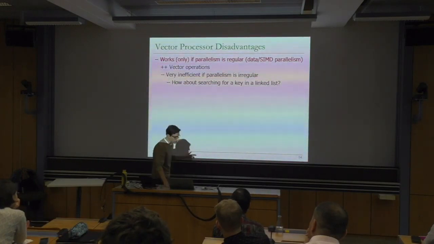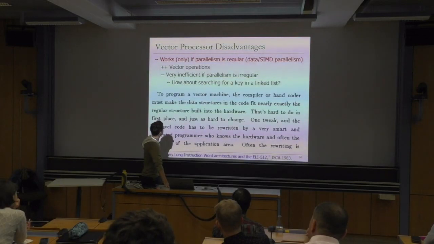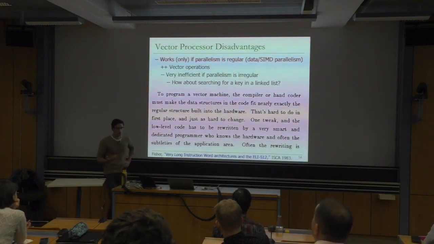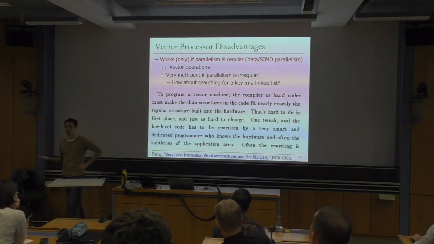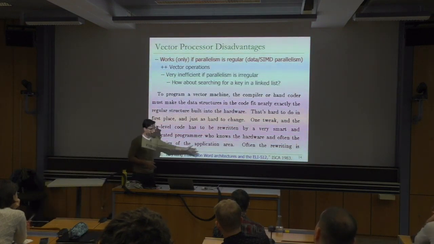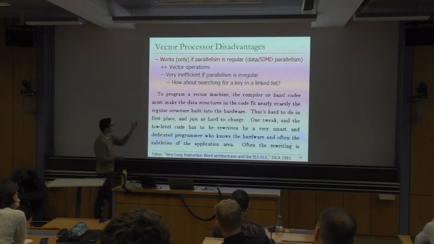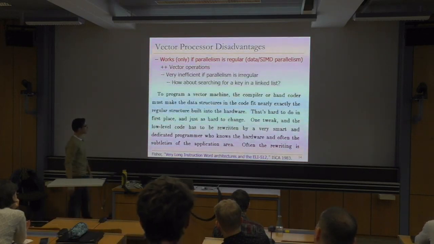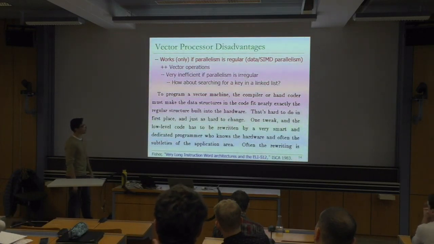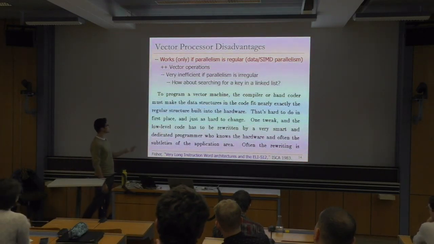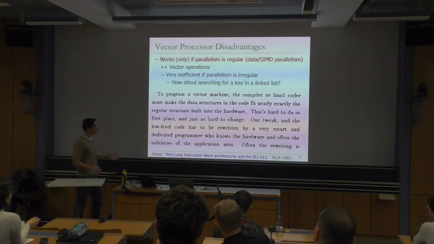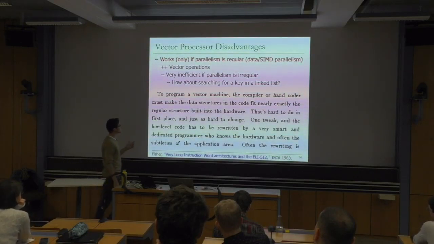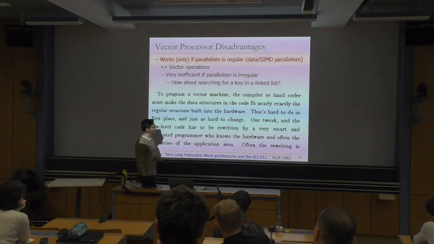Another disadvantage of these vector processors is that they are typically difficult to program, and this is something that Fisher already pointed out in 1983. You can read this extract from the paper: "To program a vector machine, the compiler or hand coder must make the data structures in the code fit nearly exactly the regular structure built into the hardware.